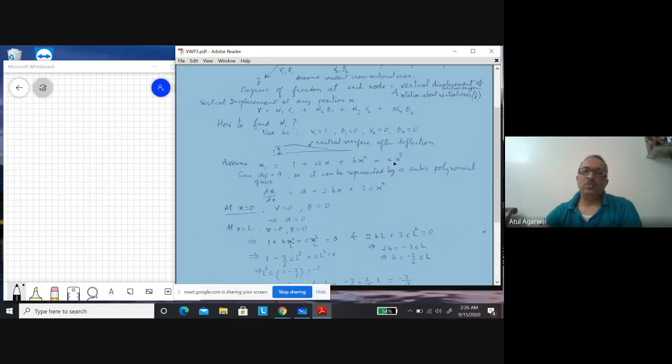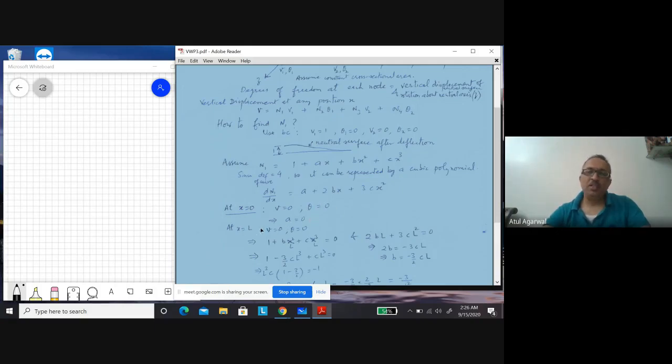So at x is equal to 0, we get N1 is equal to 1, v is equal to N1. So this v is equal to 1 is satisfied. Now we take slope. It is 0 at x equal to 0. So we put x equal to 0. So a should be 0 for this condition to be satisfied. So our a is 0.